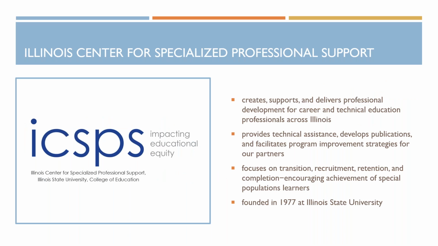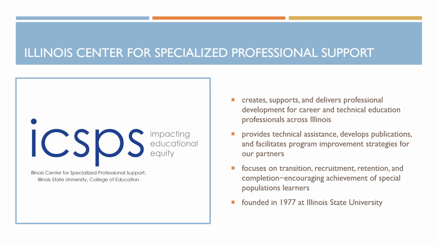So for those of you who have joined us for previous webinars, you know my format, my spiel is kind of the same for each one, just in case we have any participants on here who are not familiar with our center, the Illinois Center for Specialized Professional Support. I do want to make sure that I explain who we are, what we do, and our purpose. So we are housed within Illinois State University, and we create, support, and deliver professional development for career and technical education professionals across Illinois.